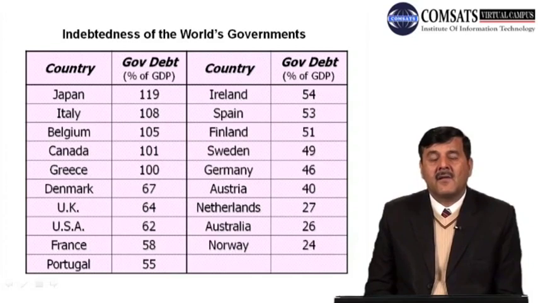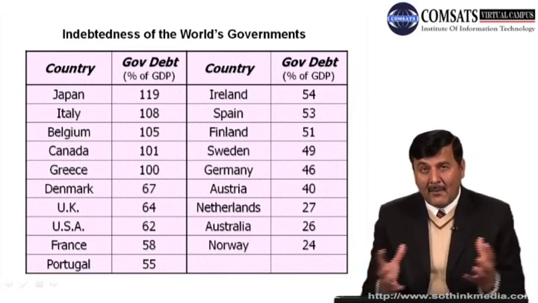If we talk about France, it is 58%, Portugal 55, Ireland 54, Spain 53, Finland 51, Sweden 49% of GDP. Germany, 46%. Austria, 40%. Netherlands, 27% of GDP. Austria, 26, and the lowest one is Norway. Norway has only 24% debt of their GDP, right?